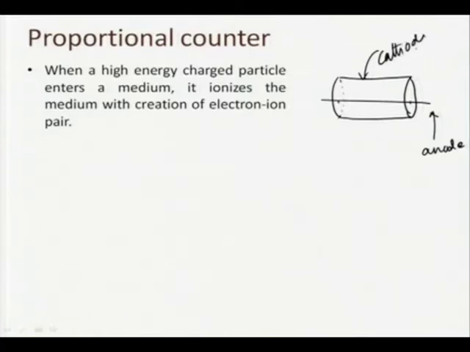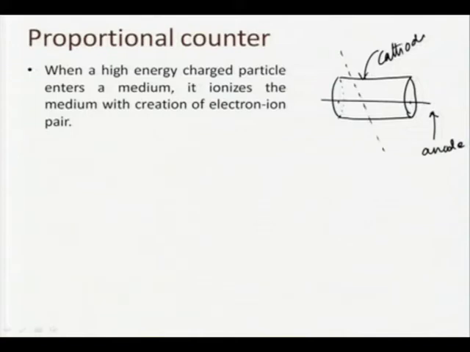Inside this tube there is an electric potential difference and an electrostatic field, which will be useful in detecting the particle. How is it done?